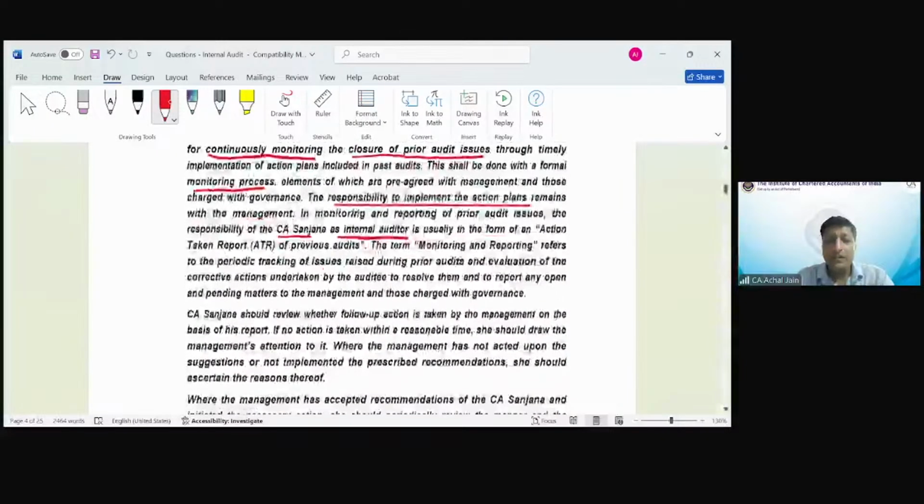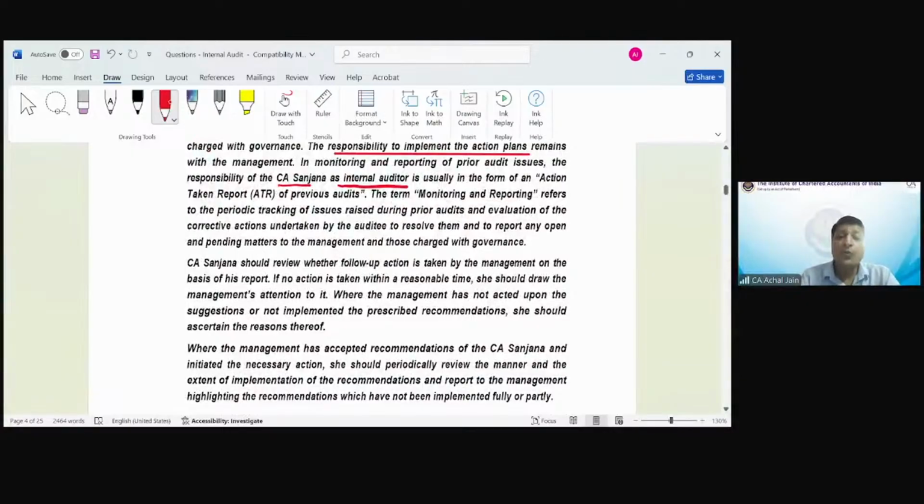Now, she should review whether follow-up action is taken by the management on the basis of previous reports as well as her report. If no action is taken within a reasonable time, she needs to escalate this. Where the management has not acted upon suggestions or not implemented the recommendations, she should also understand if there are any challenges, if there are any problems.